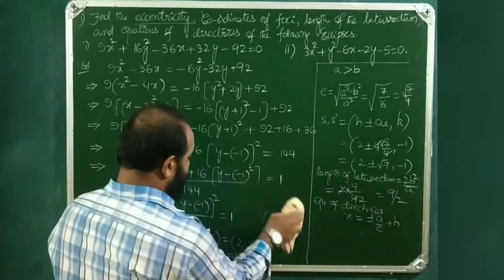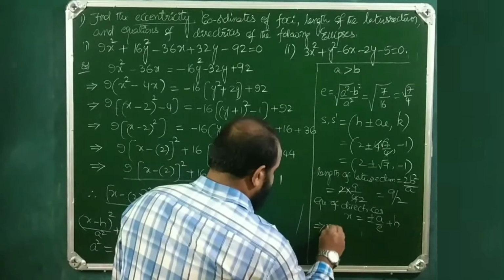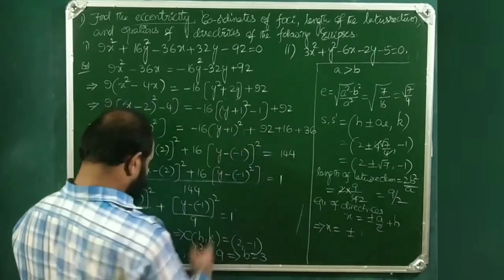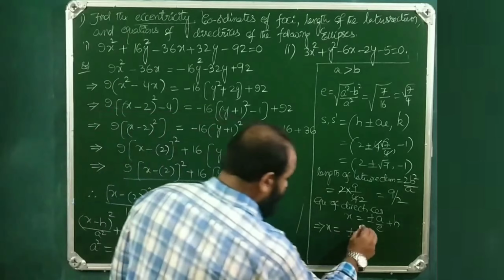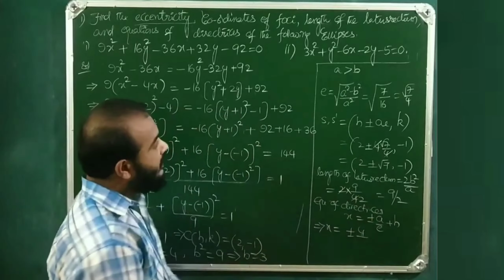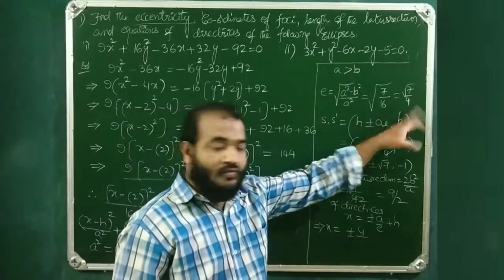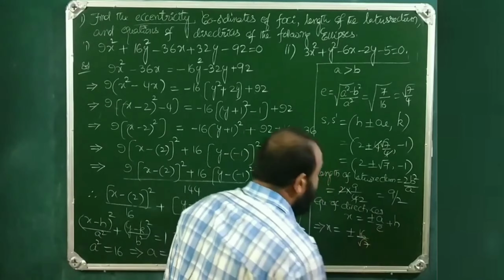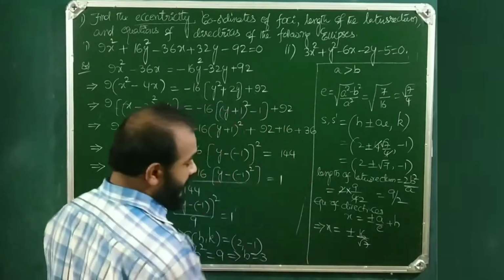So x is equal to plus or minus a, which is 4, by e, which is root 7 by 4. 4 fours are 16 by root 7, plus the h value.